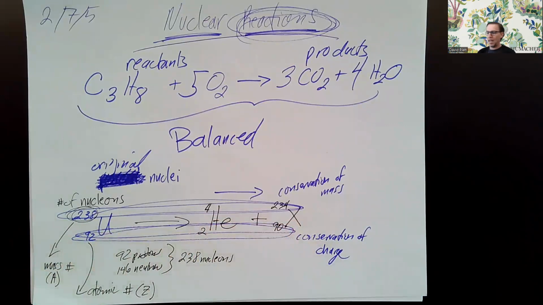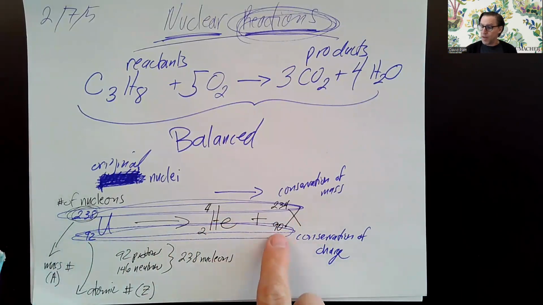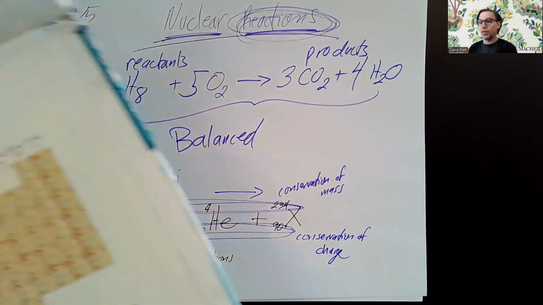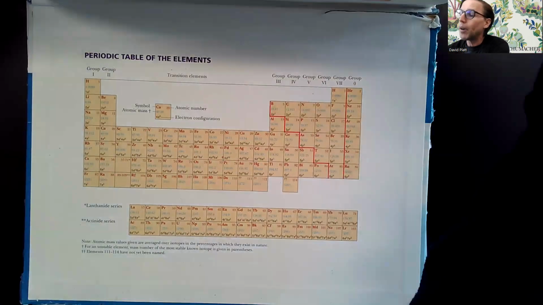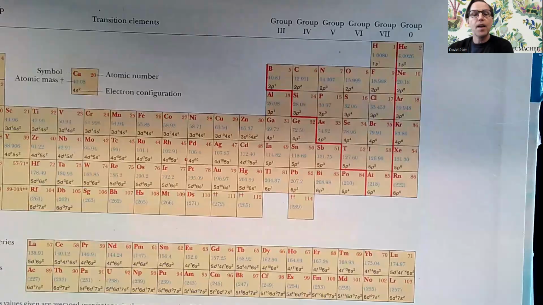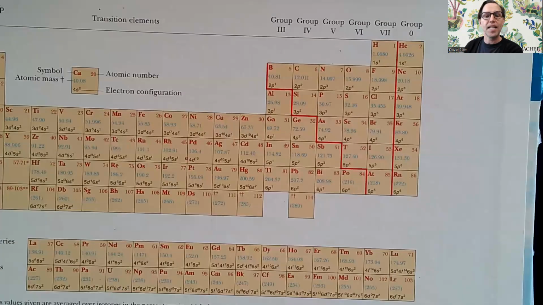Now, X, maybe we don't know that identity, but we can figure out that identity if we look at our periodic table, because we know that there's 90 protons. So if there's 90 protons, we can look at our periodic table here and we look for 90.